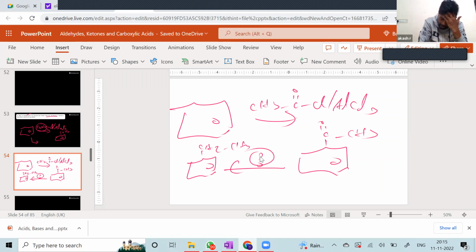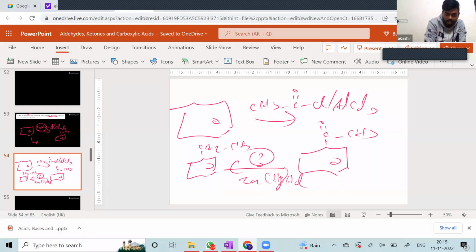How do you convert aldehyde or ketone to a hydrocarbon? Two reactions are there. What are the reactions? Zinc amalgam and HCl. What is the name of the reaction?